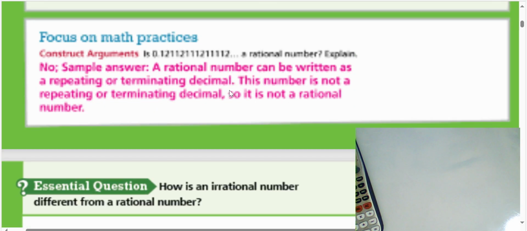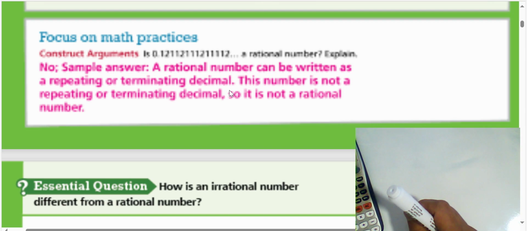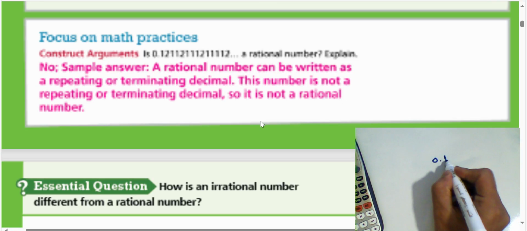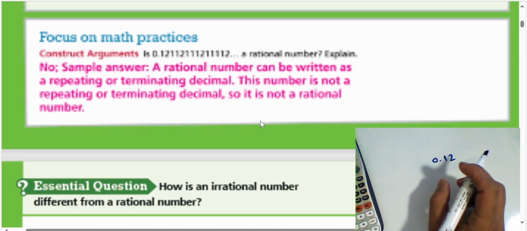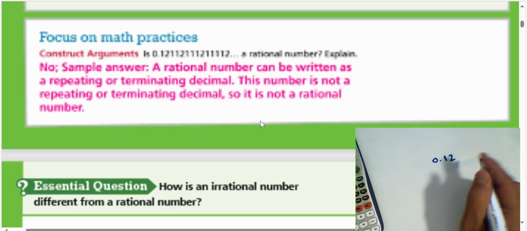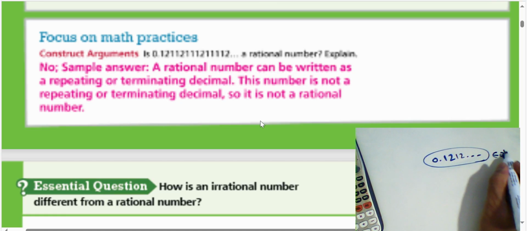Focus on this number here. A rational number can be written as a repeating or terminating decimal. This number is not a repeating or terminating decimal, so it is not a rational number, because the number continues to infinity, so we call it an irrational number.